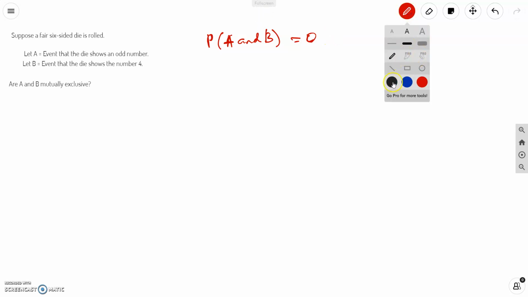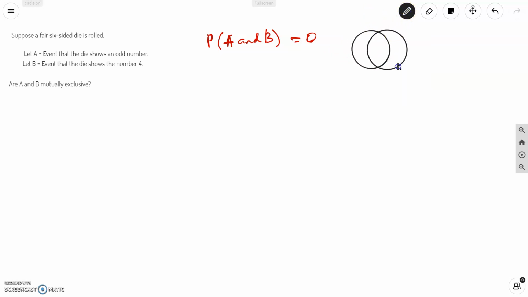And so to draw a quick diagram for you to see, very quickly, if this is my event A, and this is my event B, the two events cannot occur at the same time, like what I have right now.